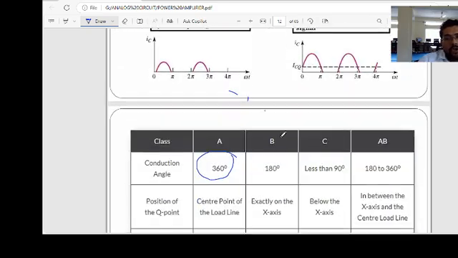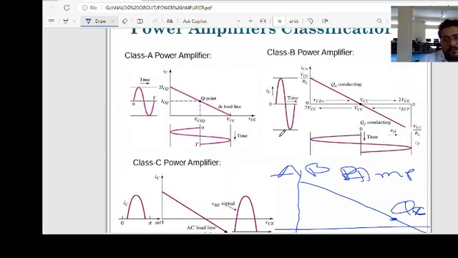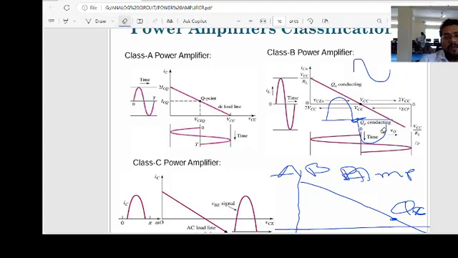The output looks slightly like this. This is called crossover distortion. I'm explaining how the crossover distortion arises.